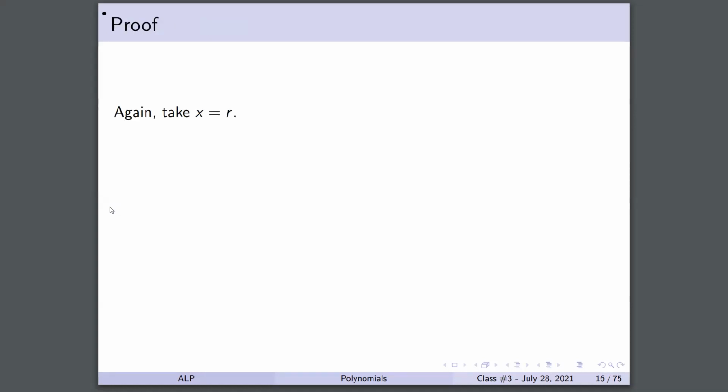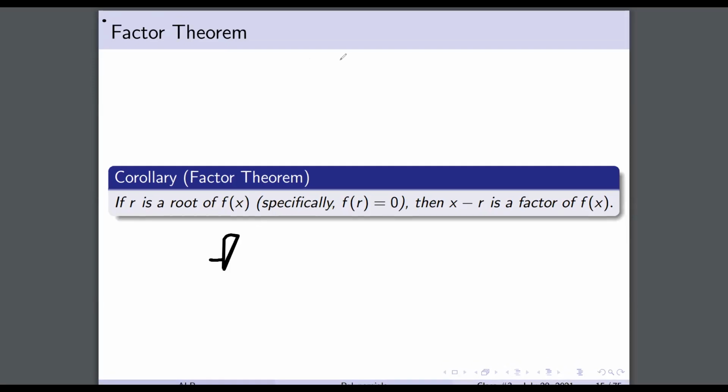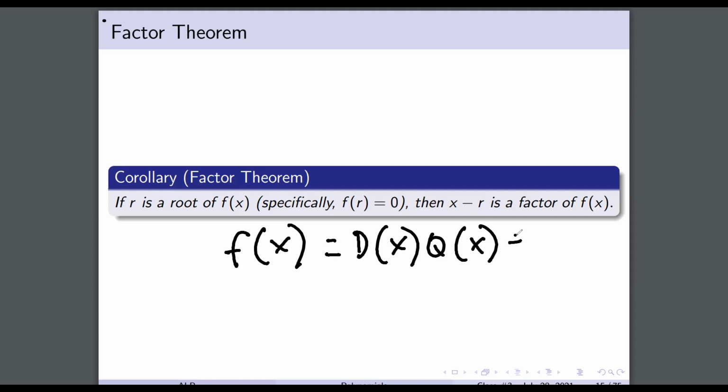Again, the proof: note that f of x equals some divisor d of x times quotient q of x plus remainder r of x.